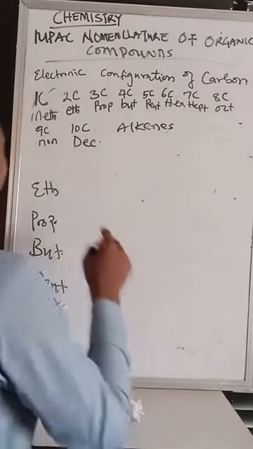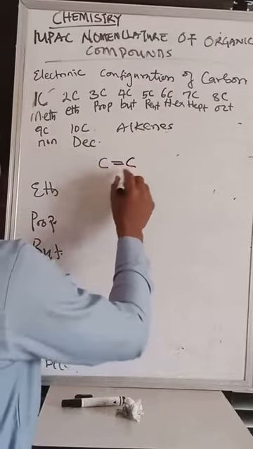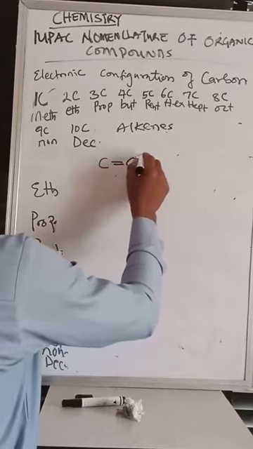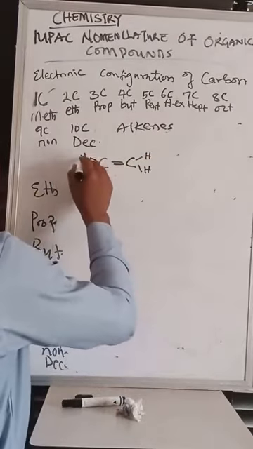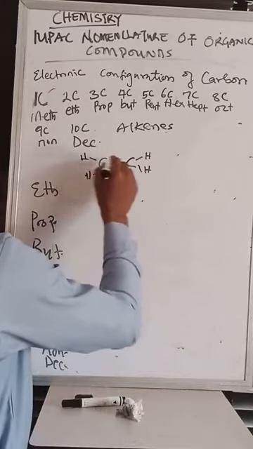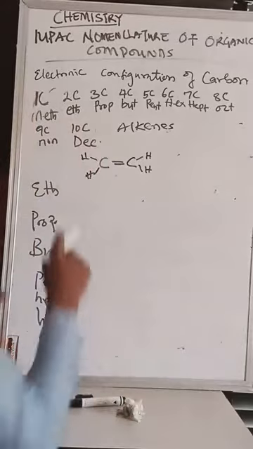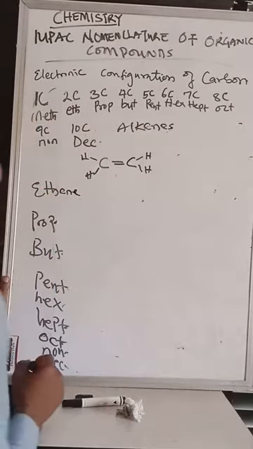So now, for the first member, we're going to have a carbon-carbon double bond. And when there are two carbon, it is what? Eth. Now, because there are double bonds, I now have 2 bonds left on each carbon, 1, 2, 3, 4. And that is my first member of the alkene series. Because it has a double bond, I'll name it ethene.